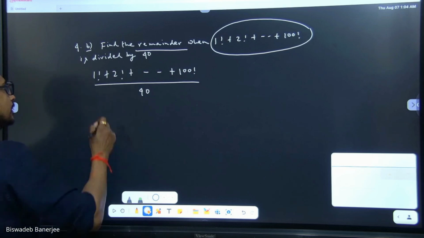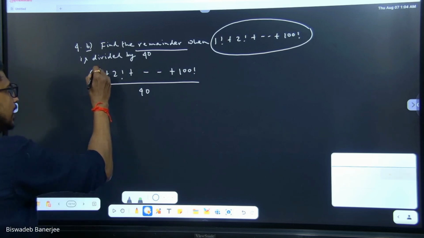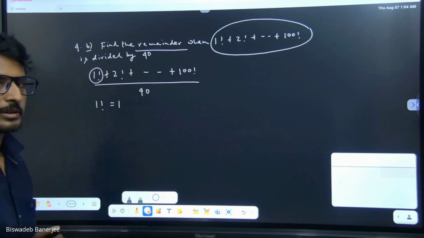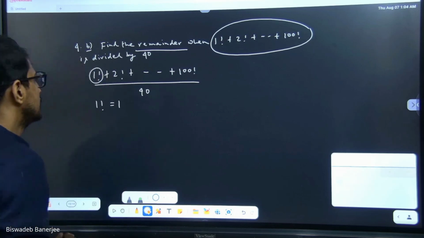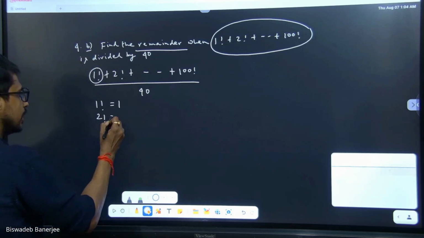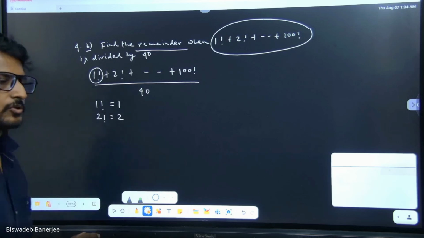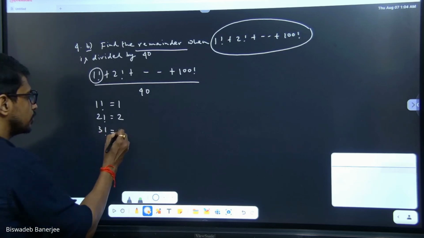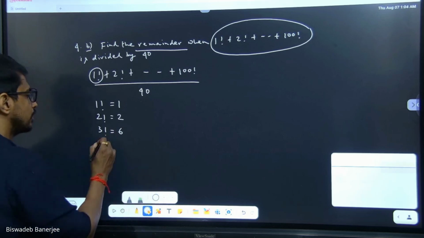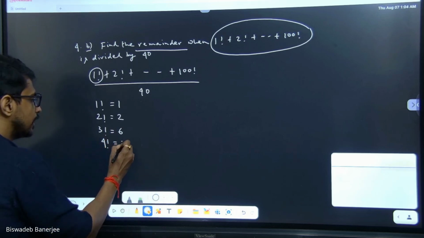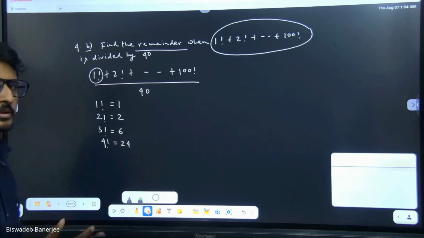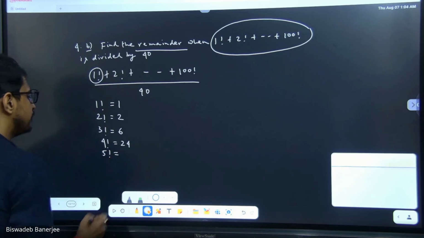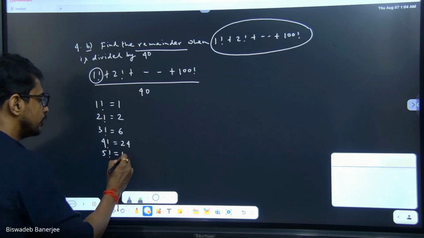See that. First of all, 1 factorial is equal to 1, which is not divisible by 40, right? Next, 2 factorial equal to 2, which is not divisible by 40. 3 factorial is equal to 6, not divisible by 40. 4 factorial is 24, not divisible by 40. 5 factorial, it is 120.